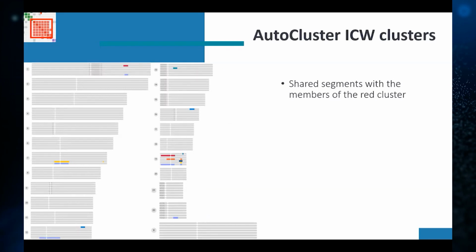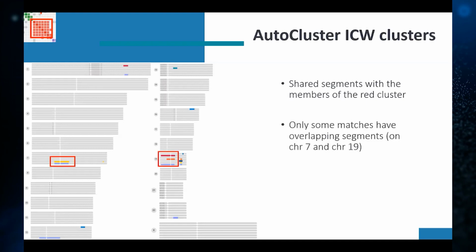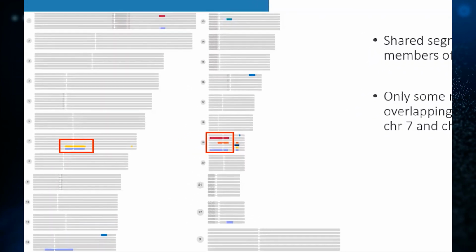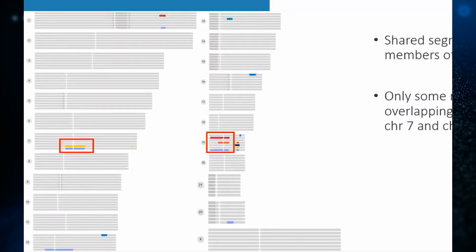If you look closely, you can see that there are only a couple of segments that are shared by a couple of matches. You see at chromosome 7, two segments that are shared by two matches, and on chromosome 19, but the others are all scattered across the chromosomes. So they don't triangulate.